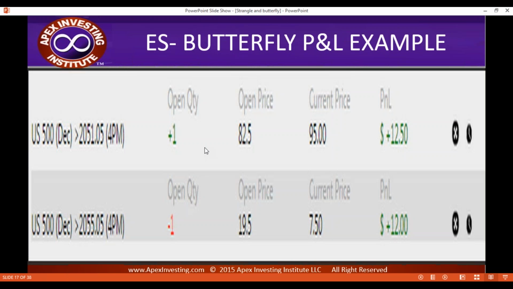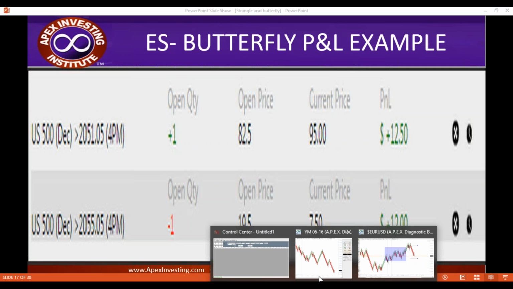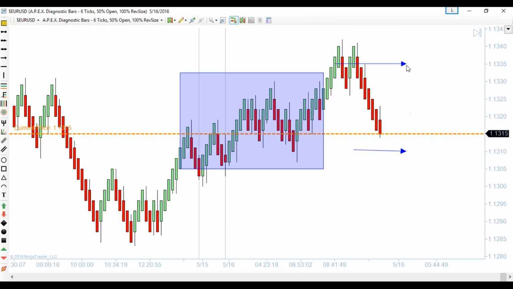Now, what are you thinking when you see that? What is the one, and be honest, every one of you thought it. What is your biggest fear when you think about, okay, I'm buying for 75 here, so I'm risking 75 bucks.